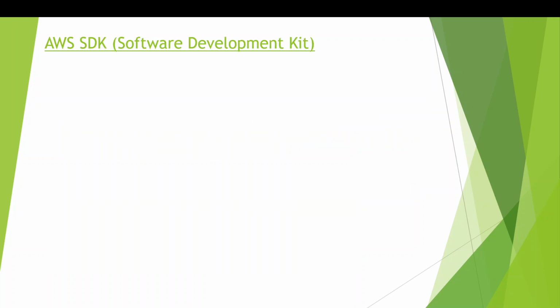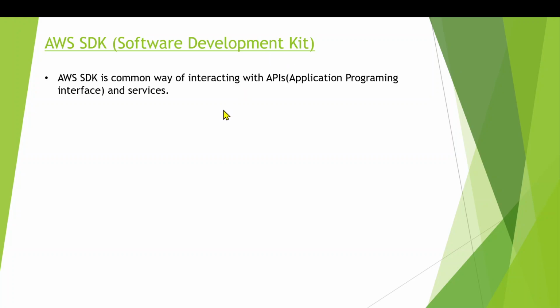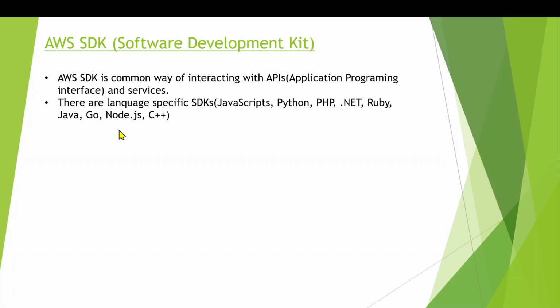Now let's talk about SDK. So what is SDK? SDK stands for Software Development Kit. The AWS SDK is a common way of interacting with APIs, which stands for application programming interface, and services.